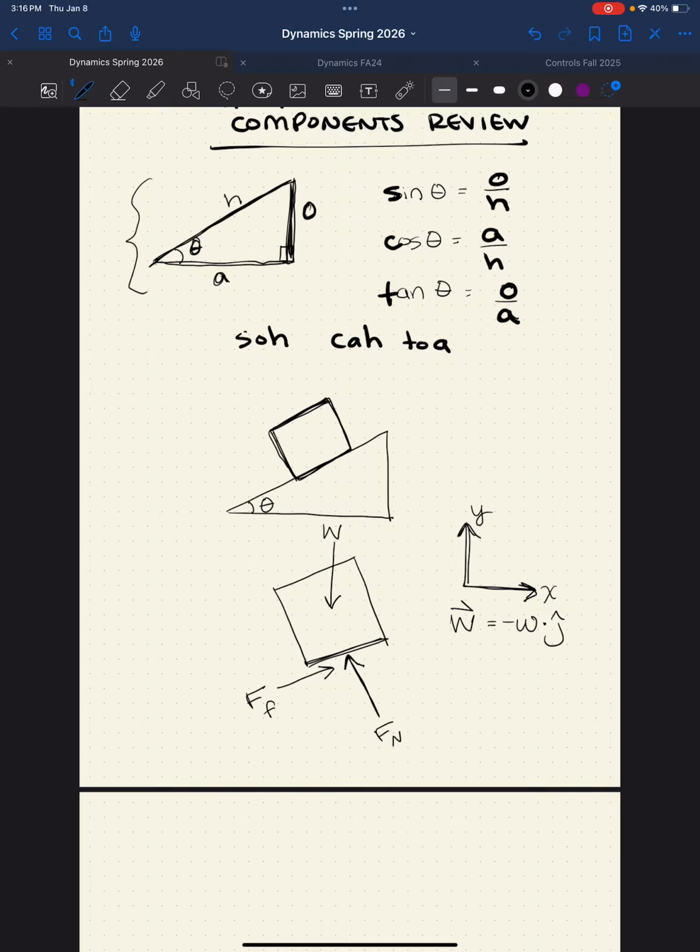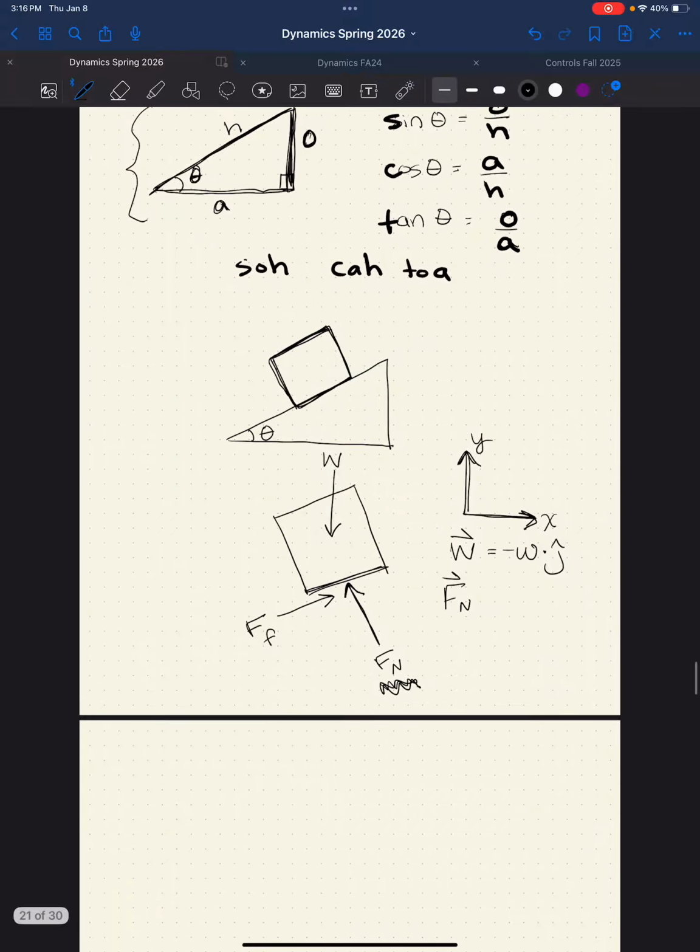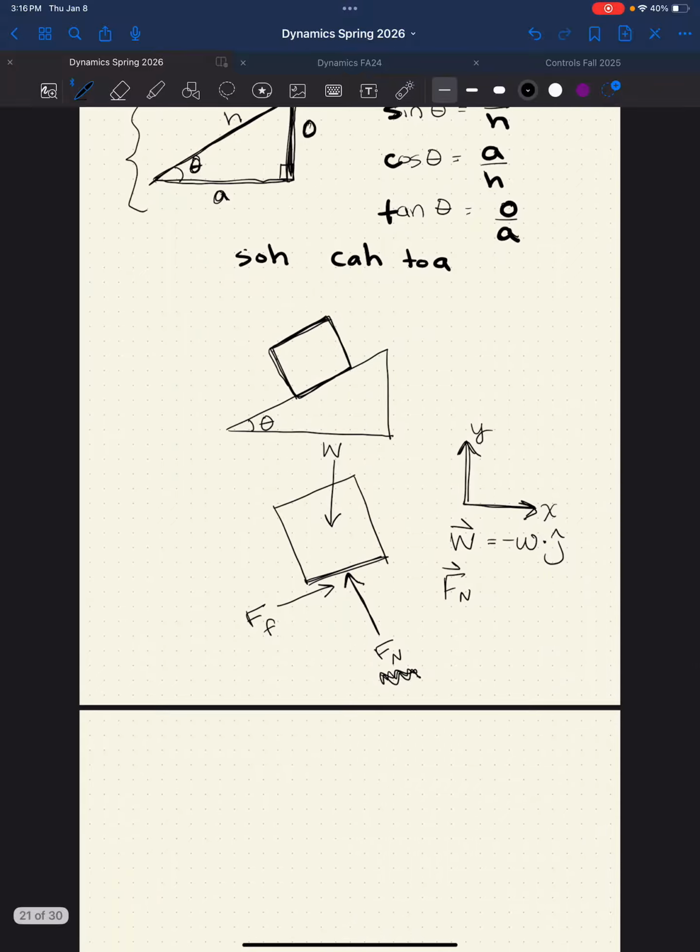The problem is that now for our vector Fn, part of Fn is going to go in the x direction and part of it is going to go in the y direction. And I have to very carefully use trigonometry to figure out exactly how much goes in each component direction.